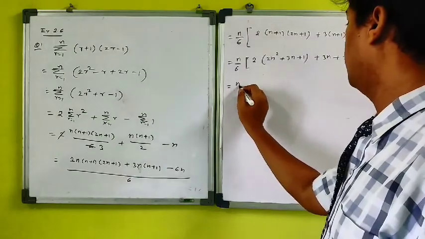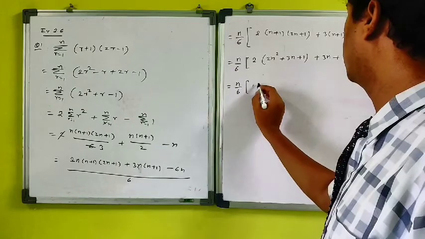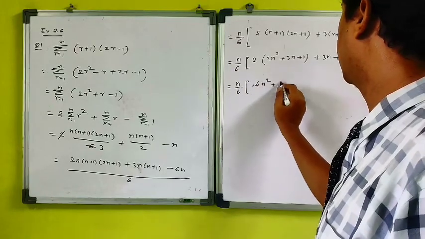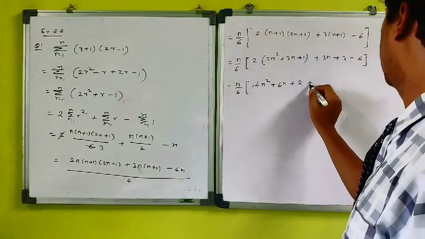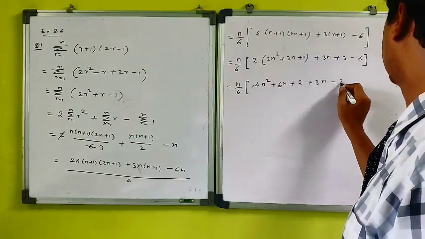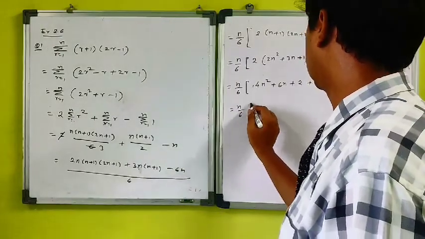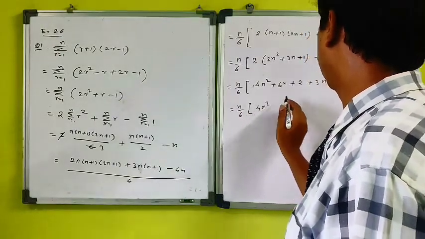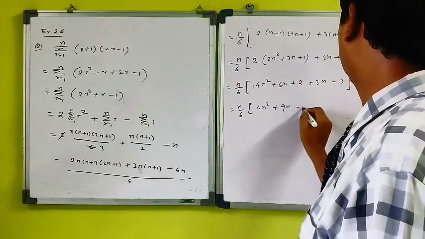So that is n upon 6, 2 will multiply, so it becomes 4n square plus 6n plus 2 plus 3n minus 3. So finally it is n upon 6, 4n square plus 9n minus 1.